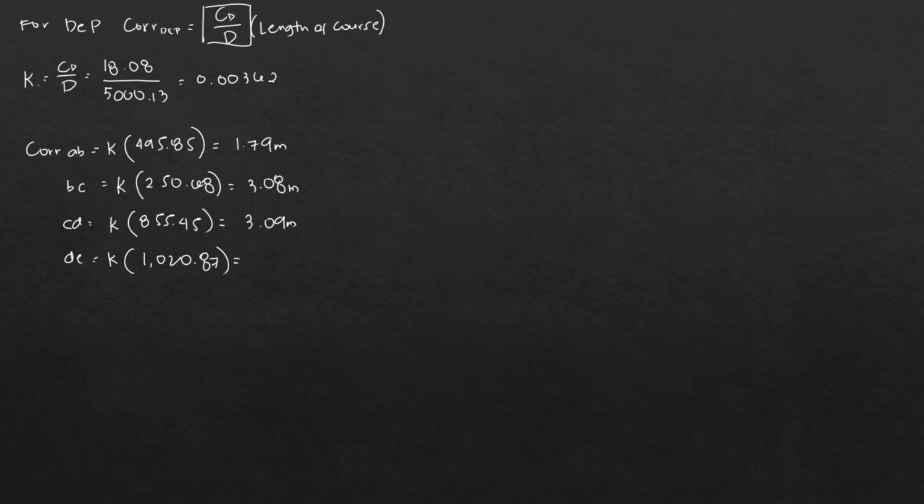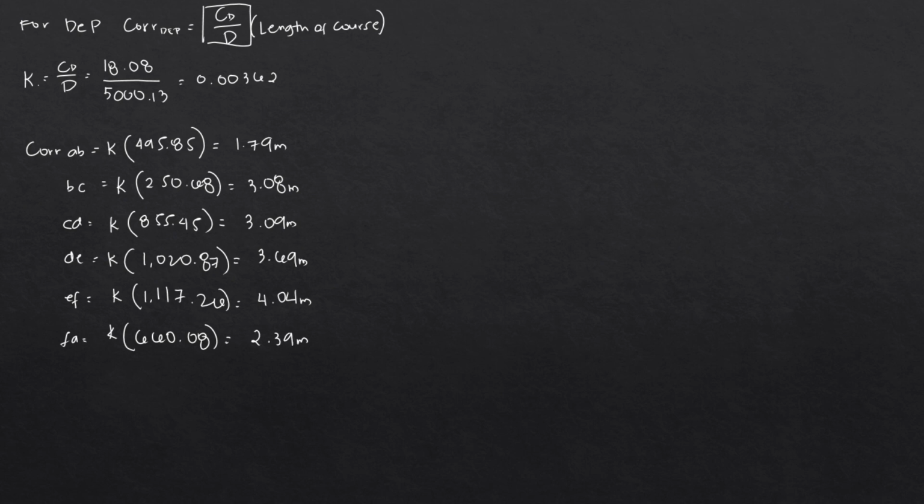So, ilan 'to? 3.69 meters. Then EF is equal to K times length na 1,117.26 is equal to 4.04 meters. Then, course FA natin, K, length niya is 660.08. Ilan yung correction? 2.39 meters.